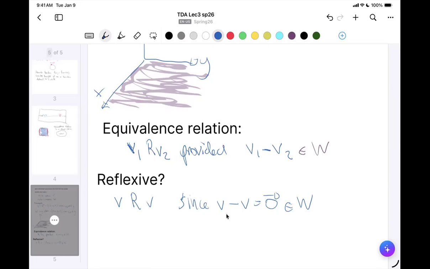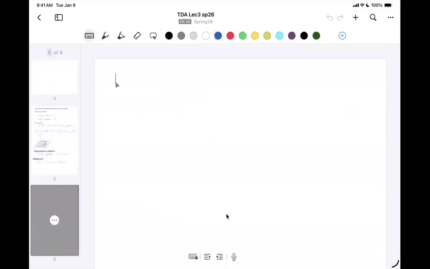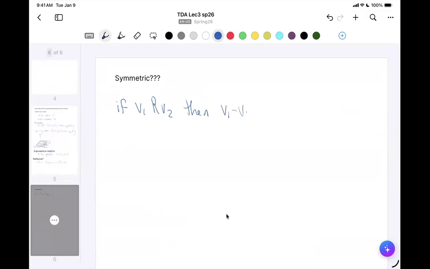Then why is it symmetric? So symmetric, okay, what happens if V1 and V2 are related? That means that V1 minus V2 is in the vector subspace W. So what does that mean?